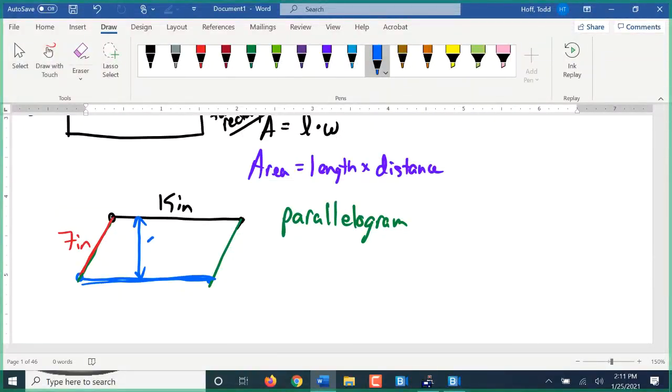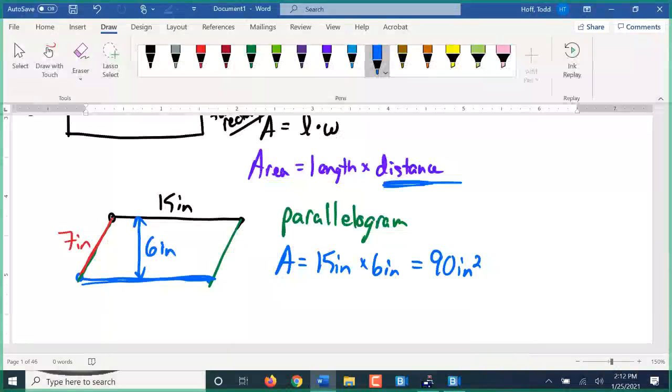And if that distance is 6 inches, what's my area going to be? 6 inches, or still 90 square inches. So that's why I say it's distance that's moved is important rather than width. Because length times width only applies in a rectangle.